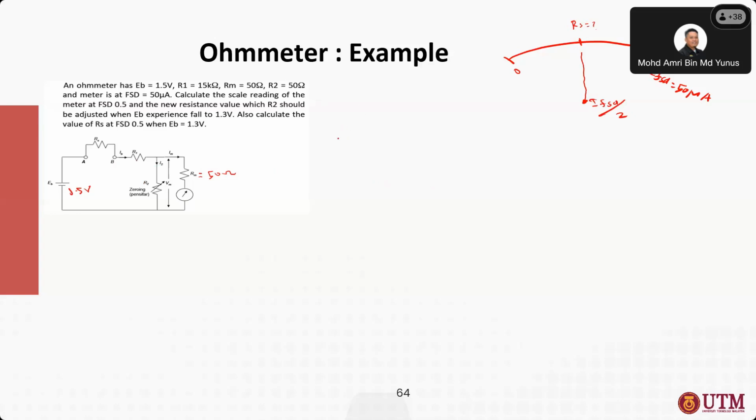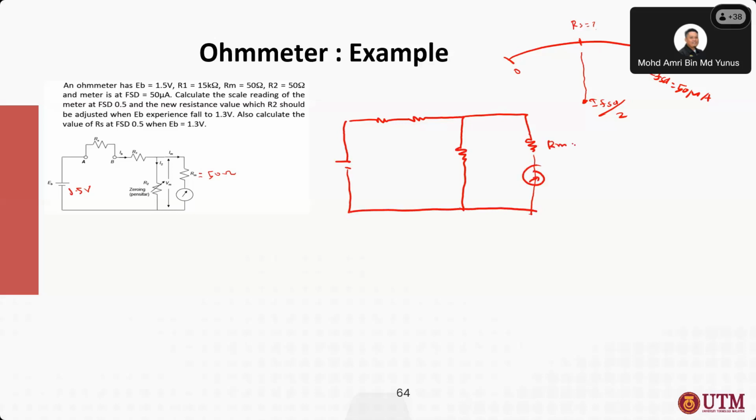So we can draw the circuit. 50 ohm, and R1 is equivalent to 50.